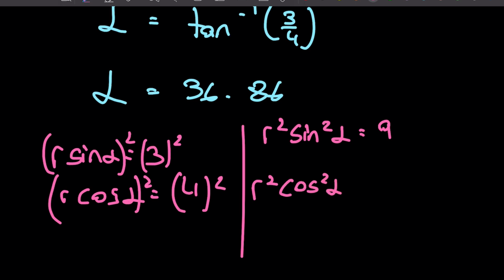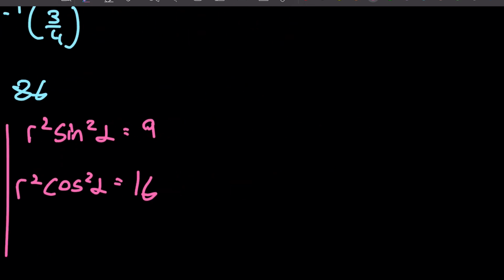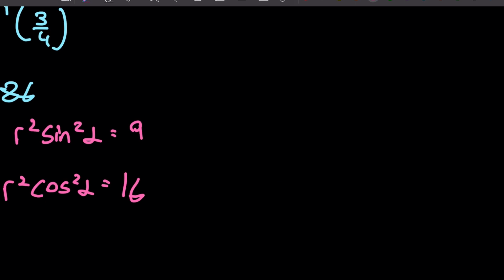Now, if we add these two together, we get r squared sine squared alpha plus r squared cos squared alpha equals 9 plus 16.